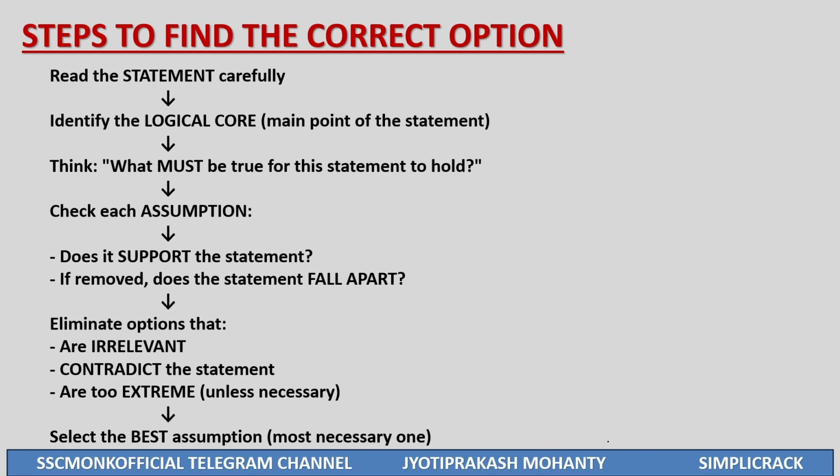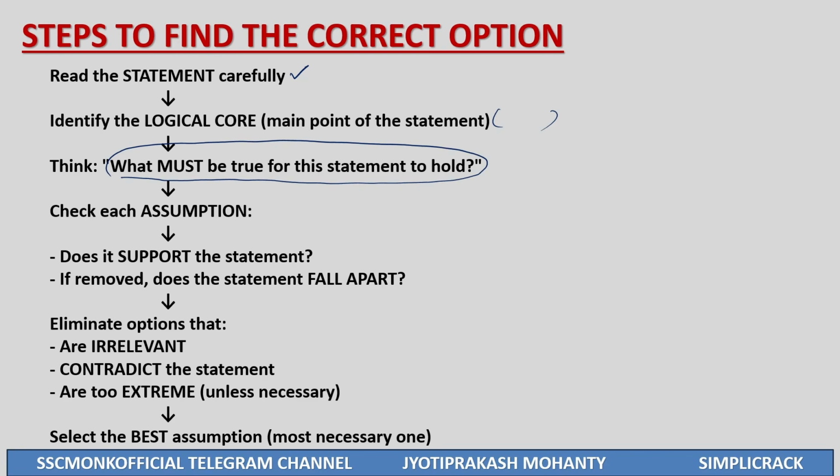So understand this framework. First thing is that you start with the statements, then you understand what this statement is all about. Once you get that, go to the assumptions. First thing is, what must be true for this statement to hold? This means which assumption supports the statement?